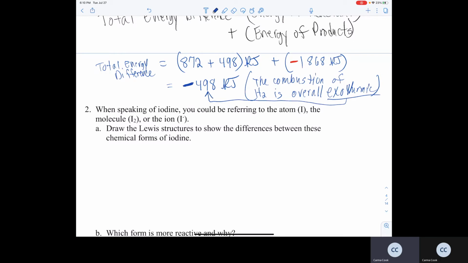Because our total energy difference is negative, that means that the reaction overall is exothermic. If our total energy difference would have been positive, then our reaction would have been overall endothermic.